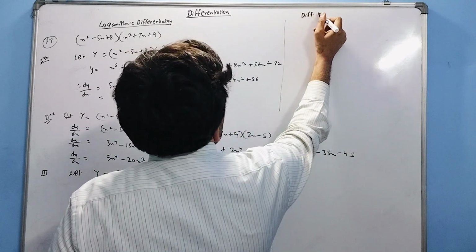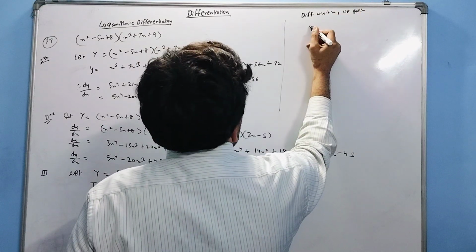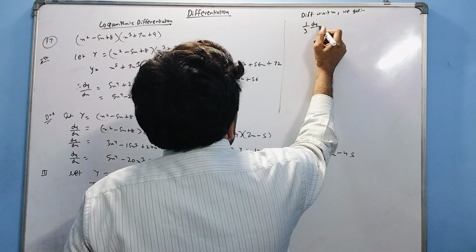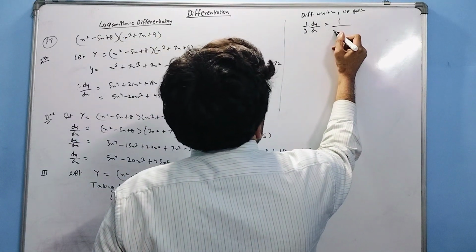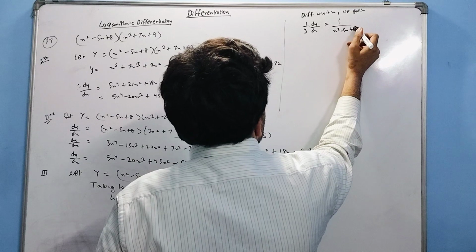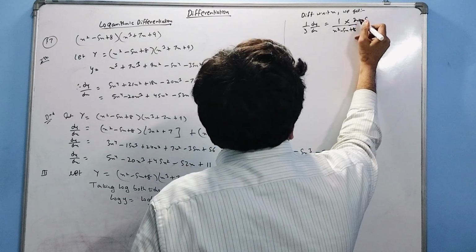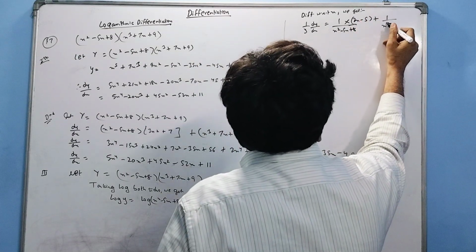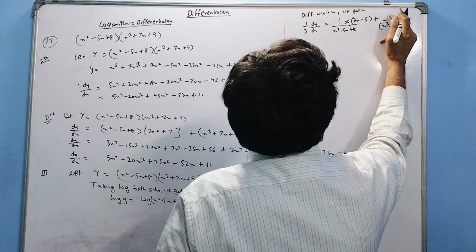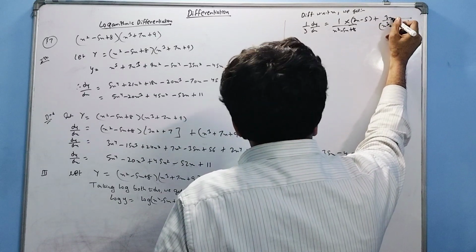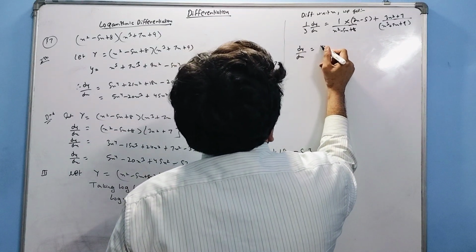Differentiating with respect to x, we get (1/y) dy/dx = log x, that is 1 upon x square minus 5x plus 8 into the differentiation of this, which is 2x minus 5, plus we have 1 upon x cube plus 7x plus 9, which will multiply with 3x square plus 7 here. So I got dy/dx, it will be y into this.